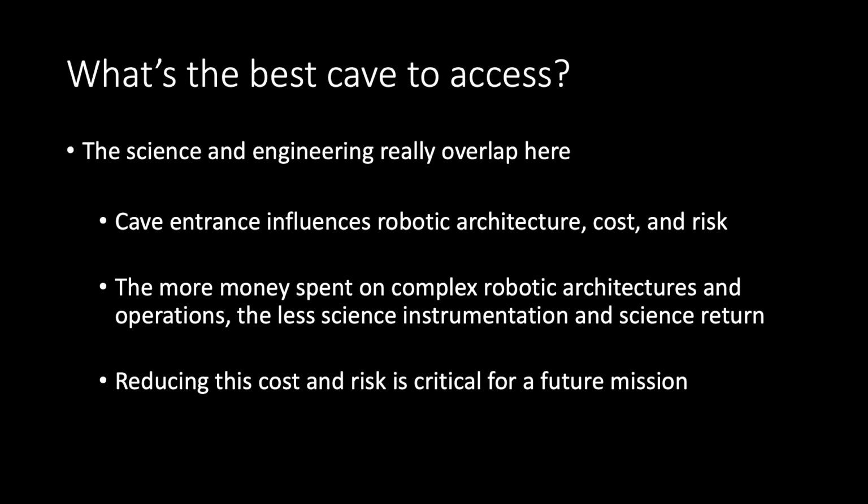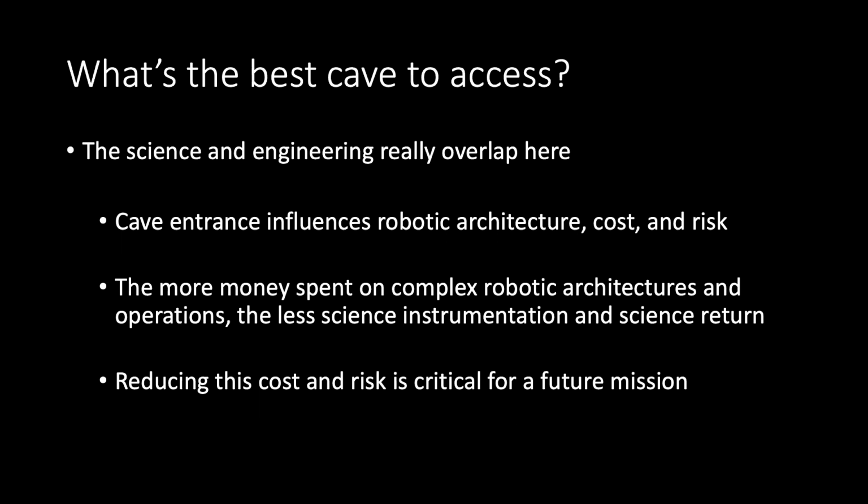So what type of cave? We talked about lava tubes and pit craters, but also the shape of the entrance and the breakdown piles all influence what kind of robot you can send, and thus what your cost is and your risk.